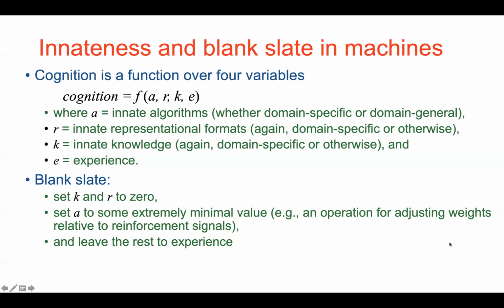It's an operation for adjusting weights relative to reinforcement signals, right? So some minimal value. This is an operation for adjusting weights, a very minimal amount of innate algorithms. And R and K are 0. So a standard machine learning, deep learning algorithm is a little bit of A and mostly E, experience.